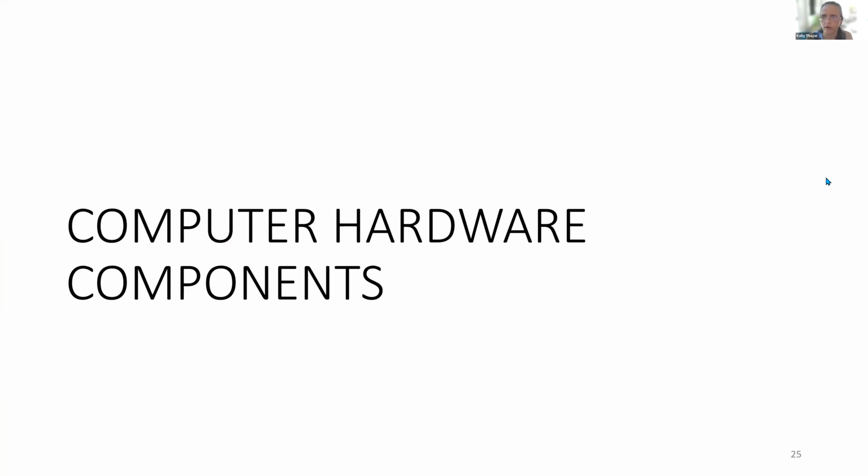How does it get from the thing that you type to actually running on your computer? And so we're going to answer some of these questions today and into our next lecture in terms of how programs are categorized, what the different kinds of programming languages are, and a little bit about how your computer works.